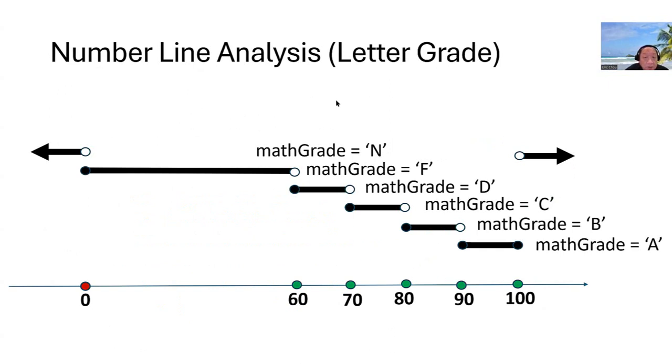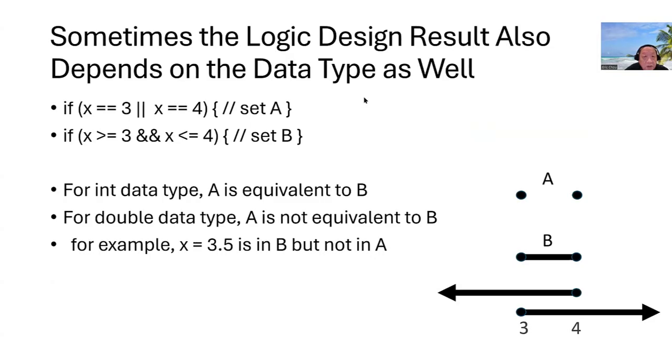Sometimes you can do number line analysis for the set as well. This one is just talking about the set. Sometimes the definition of the logic set also matters. Right here you have: if X equals 3 or X equals 4, that's A set. If you define it in integers, this is true. And B set is X greater than or equal to 3 and X less than or equal to 4.